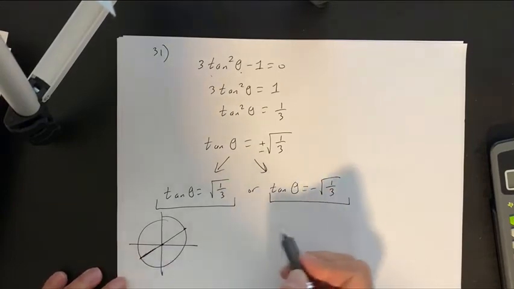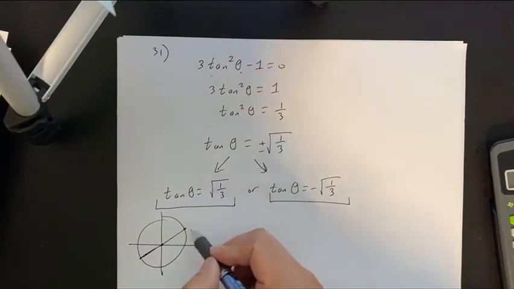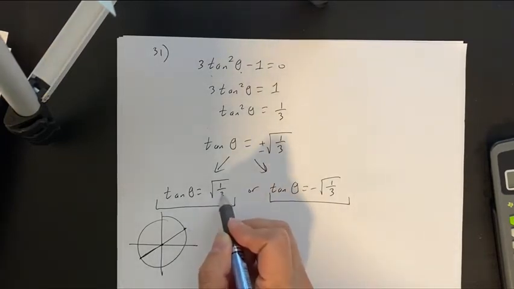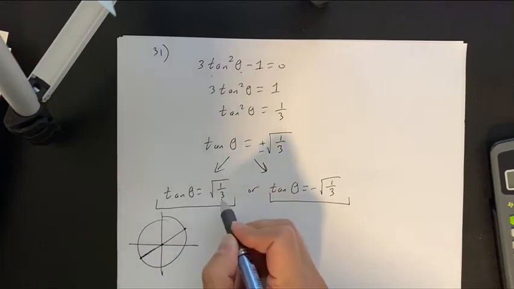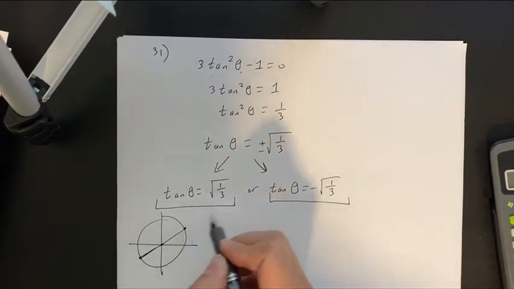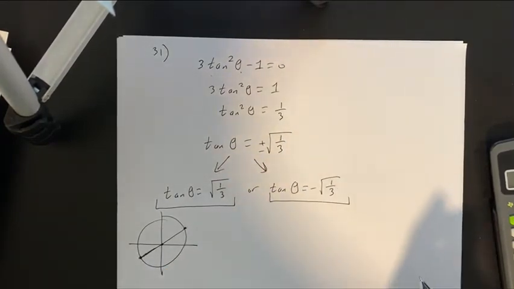How do I know that? Well, in order to get a positive for tangent, the ratio of y over x would have to be both positive or both negative. If you take a positive divided by a positive, you get a positive. Or if you take a negative divided by a negative, you get a positive. So I know the two positions that would give me this value would be in the first quadrant or the third quadrant.